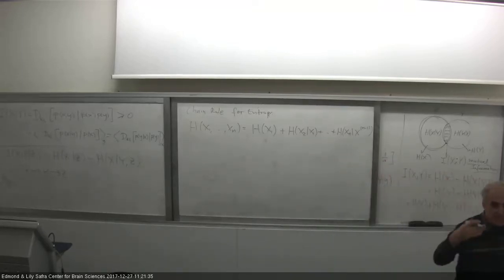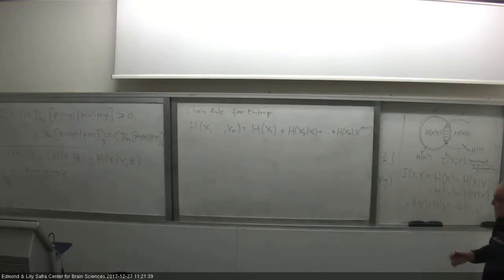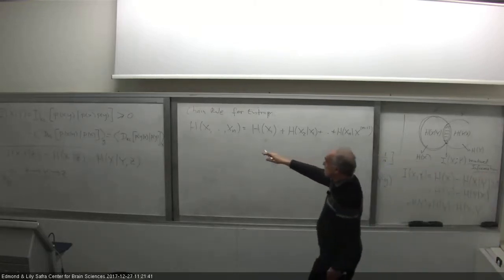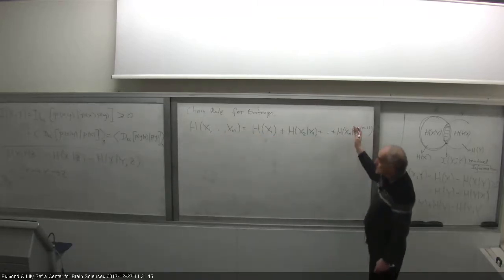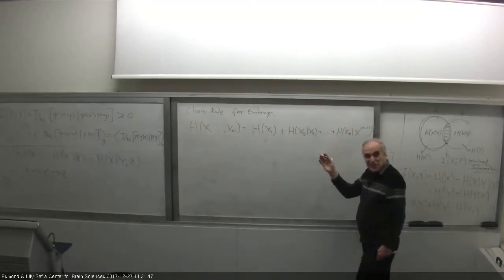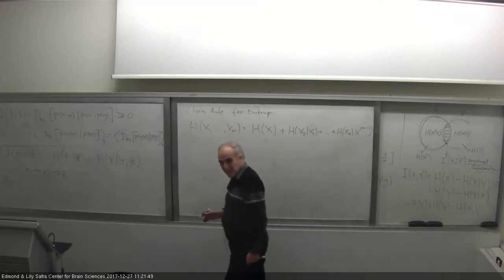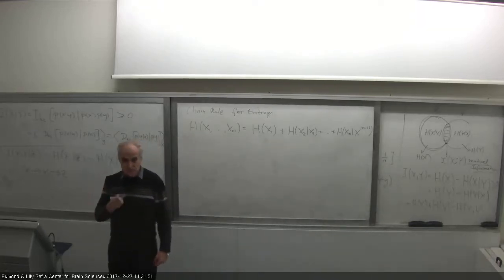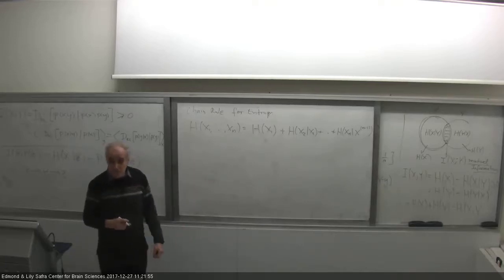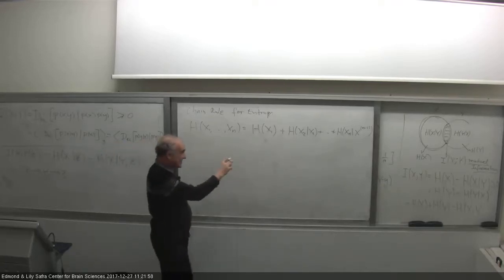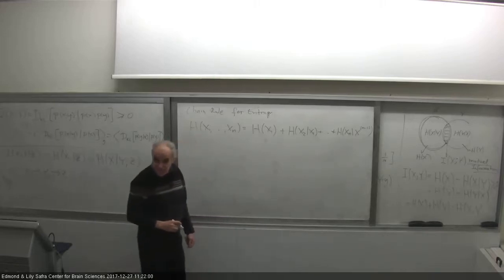I just add non-negative quantities, which are conditional entropies, and all of them are positive. So this is simply breaking the uncertainty in a set of variables into some pieces. Of course, I can write n factorial different expansions like this, because I can change the order of the variables any way I want, and I'll get a different expansion. So it's not just one. There are many chain rules like this.